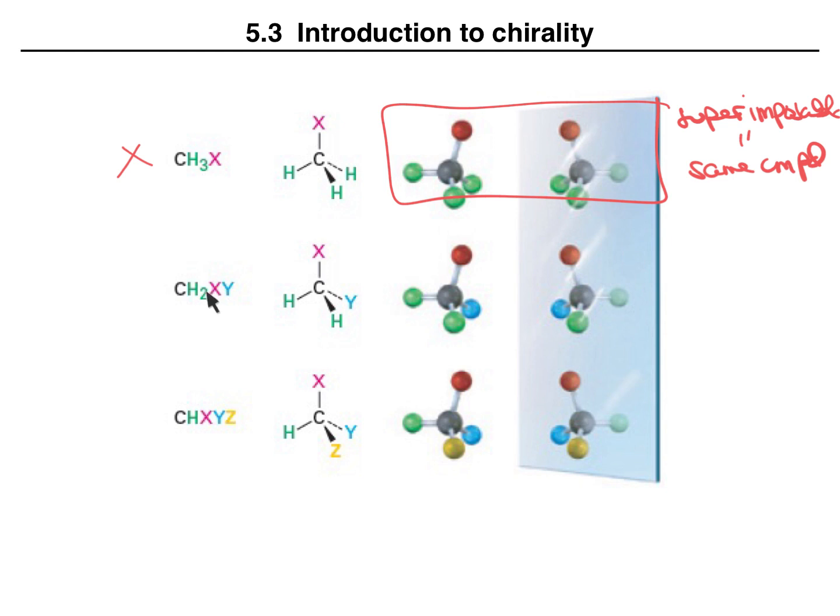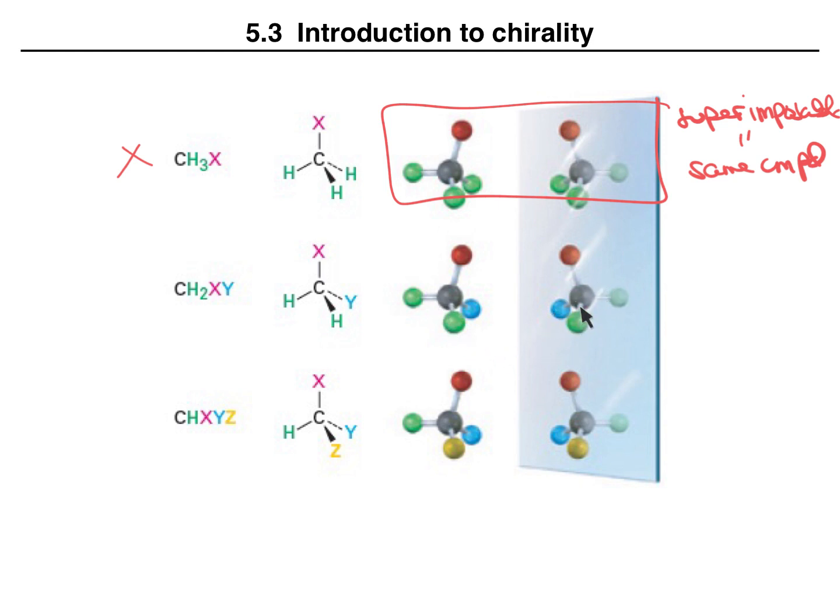What if we have 2 different substituents, X, Y? Now we think about this in 3D and we build our model, and then let's build our mirror image model. So blue reflects on blue, green on green, red on red, black on black, etc. Now let's pick up this mirror image and see if we can get it to superimpose on this one.